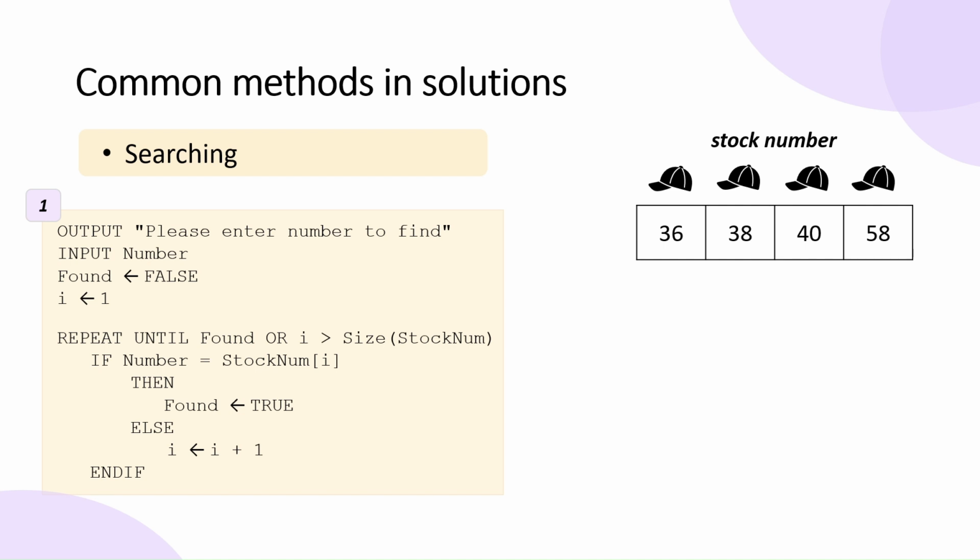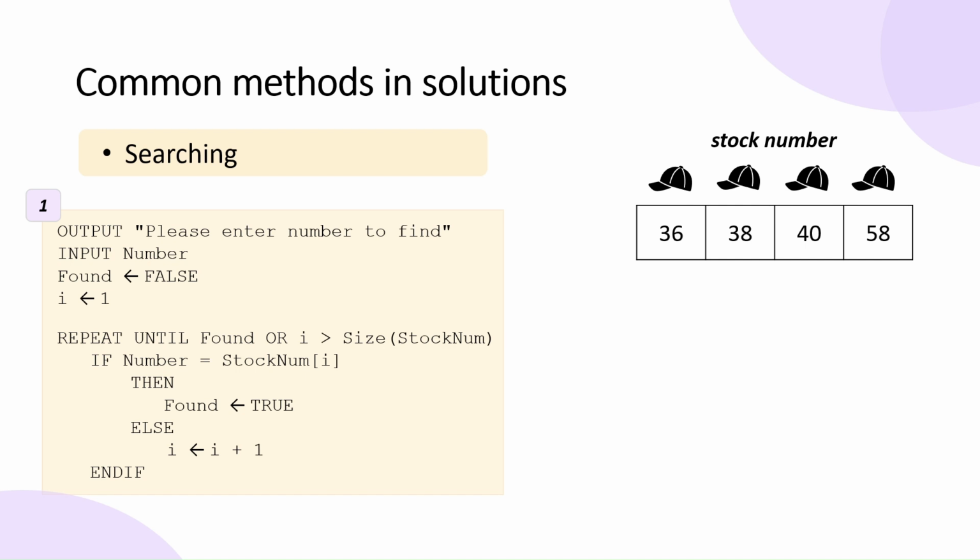So you create a loop to go through the array, and this loop will repeat until the value of found equals true, which means you find the number, or the I exceeds the size of the array. In this loop, while you're going through the array, if the value of index I equals the number, then it means you find the number. So you can renew the found variable to true.